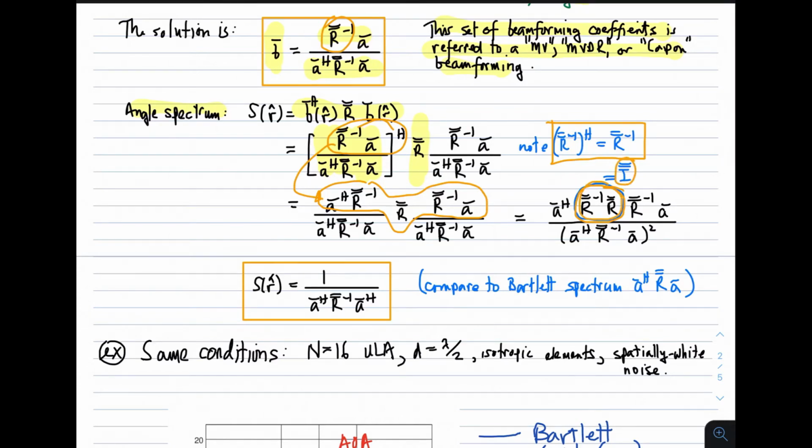So those melt away, and I'm left with the inverse of the spatial covariance matrix left and right multiplied by the steering vector, which is what I have in the denominator squared. So this whole thing boils down to the angle spectrum being equal to 1 over the inverse of the spatial covariance matrix, left and right multiplied by the steering vector. Once again, good time to compare to the Bartlett angle spectrum, which is simply the spatial covariance matrix, not its inverse, left and right multiplied by the steering vector.